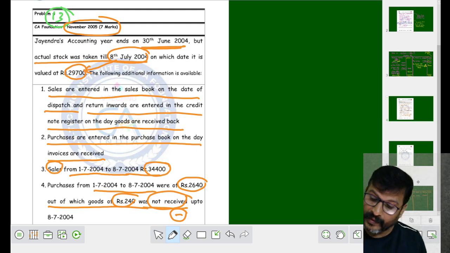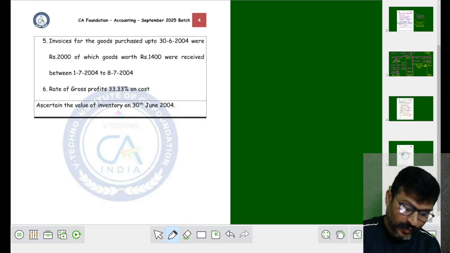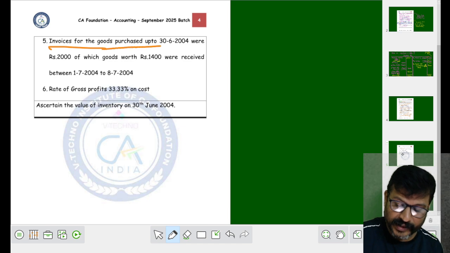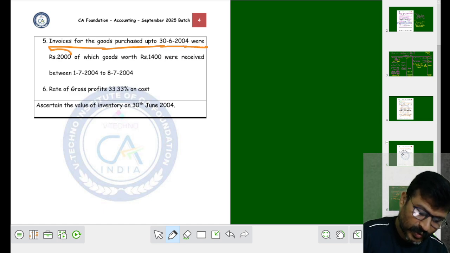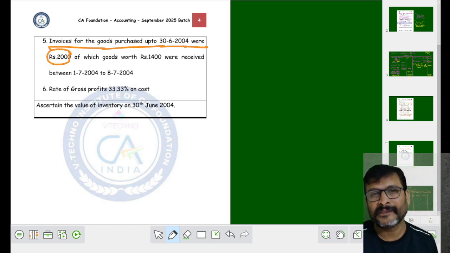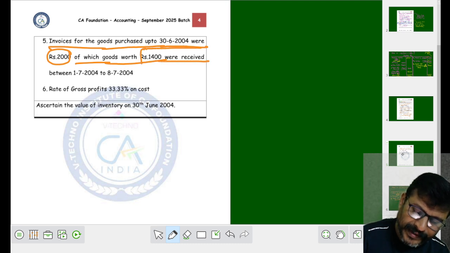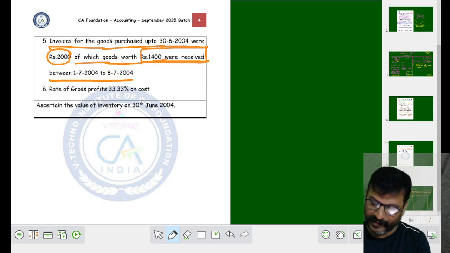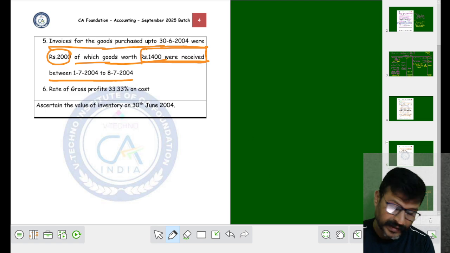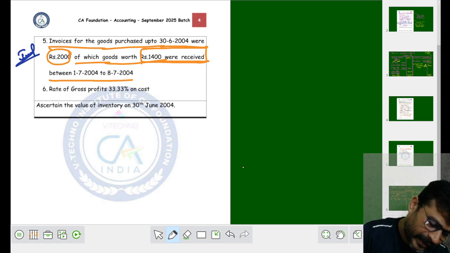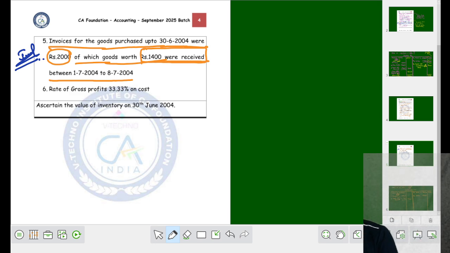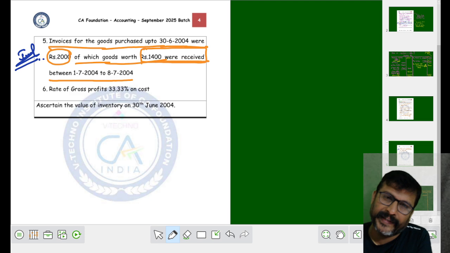Okay, fine. What happened in the next one? Invoice for the goods purchased on 30th June 2004 were rupees 2,000. How much you purchased? 2,000. Of which goods worth rupees 1,400 were received between July 4 to 8th July. Again I tell you, my dear students, it's one of the very important points. See, problem to problem the sentence varies.